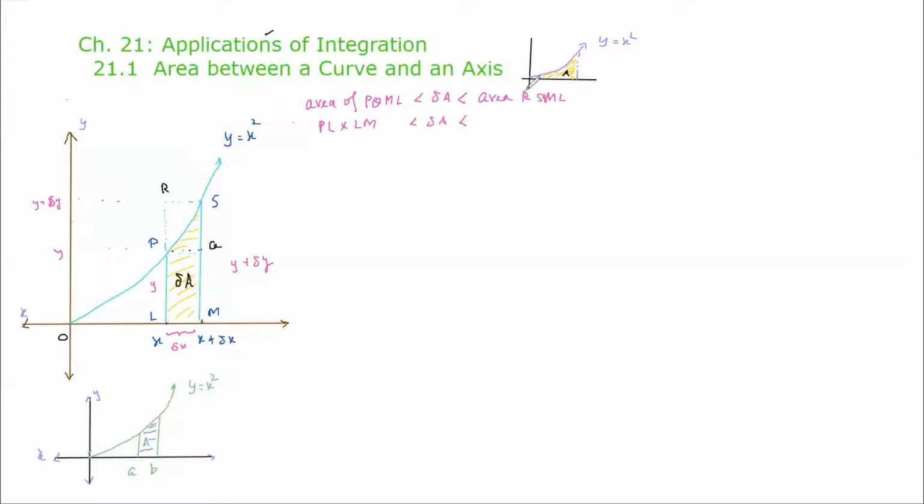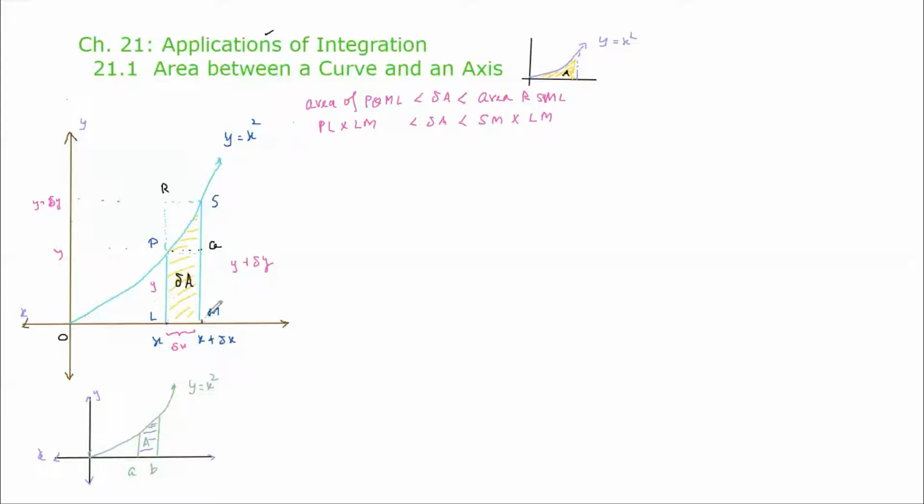So the area of RSML equals what? SM times ML, or LM, okay? So SM times LM. This is the width times length, right? Or length times width.